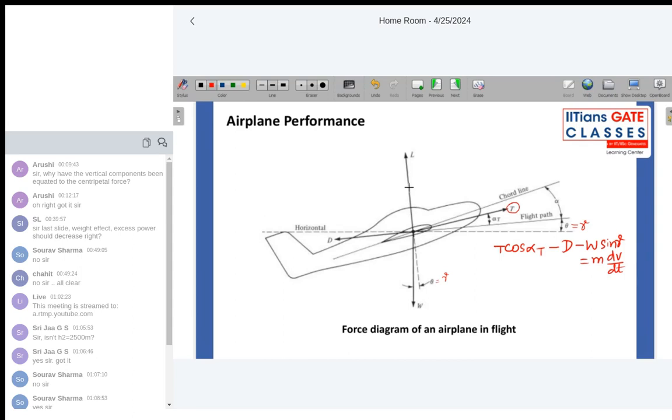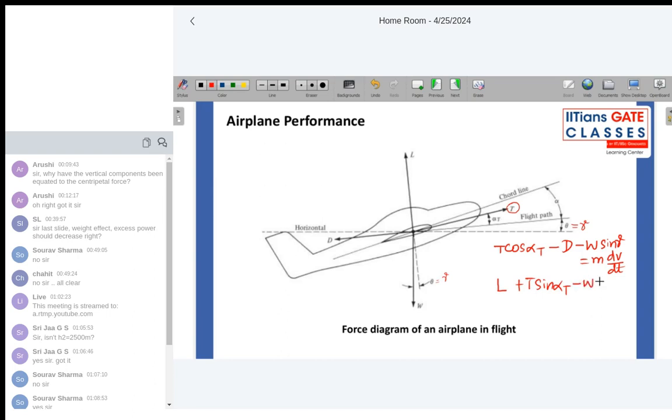When I resolve forces perpendicular to the free stream velocity direction, we get lift plus, when I resolve thrust, away from the angle is sine, so T sin alpha t. Towards the angle is cos, so W cos gamma, which is opposite to the direction of lift.